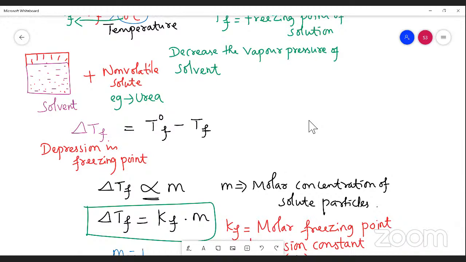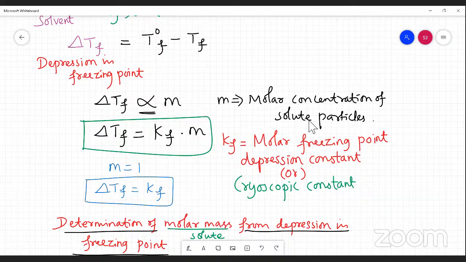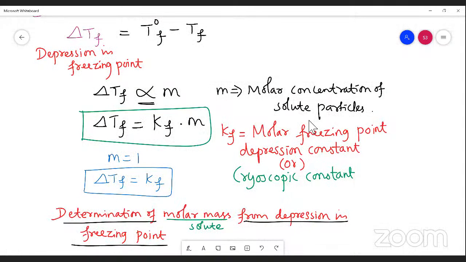By experimental data, this depression in freezing point is directly proportional to the molal concentration of solute particles. To remove the proportionality, I add an equal sign, introducing the constant Kf, called the cryoscopic constant. Using that, I give one expression for the molecular mass of the solute.